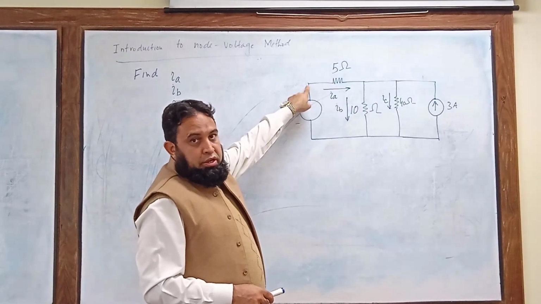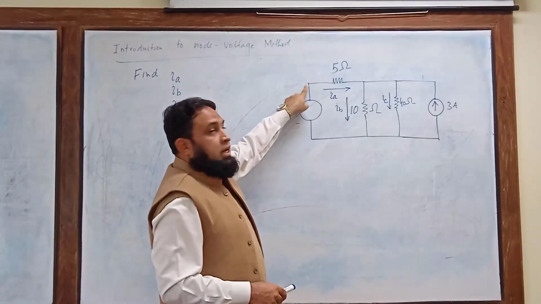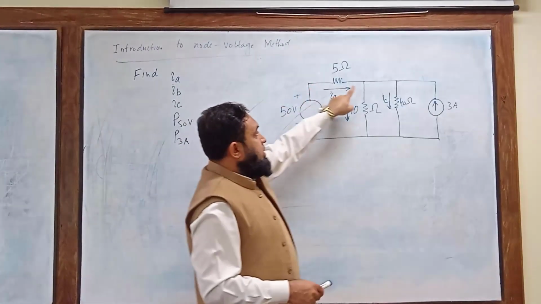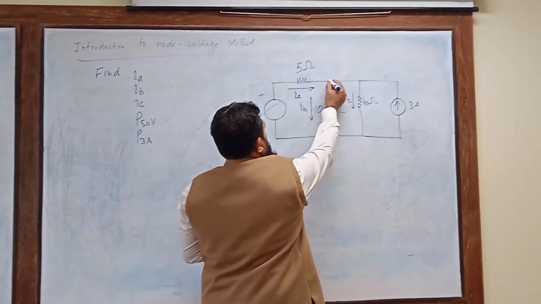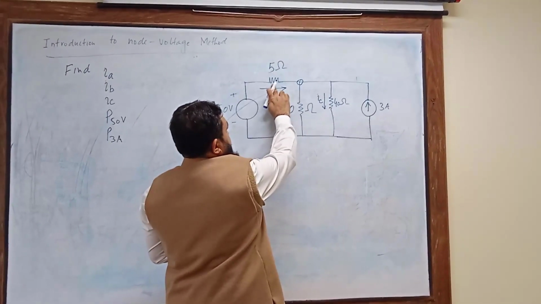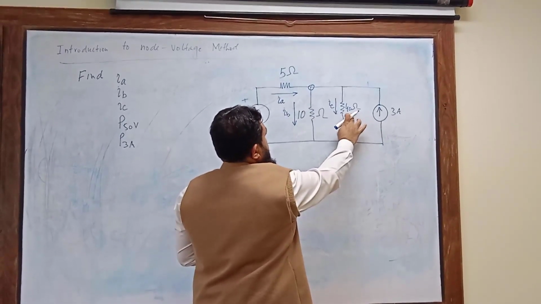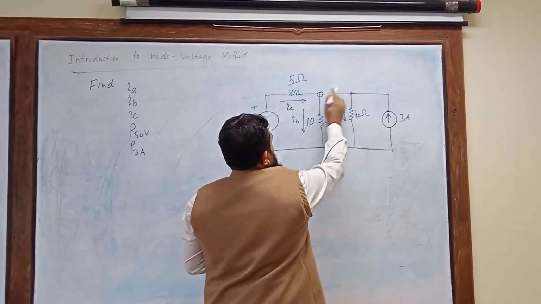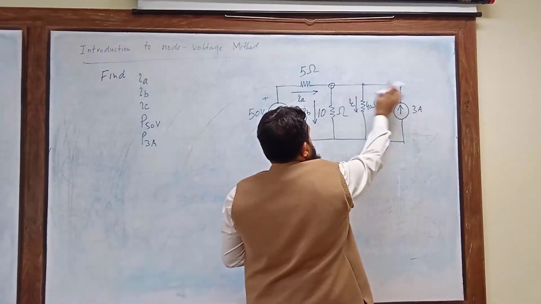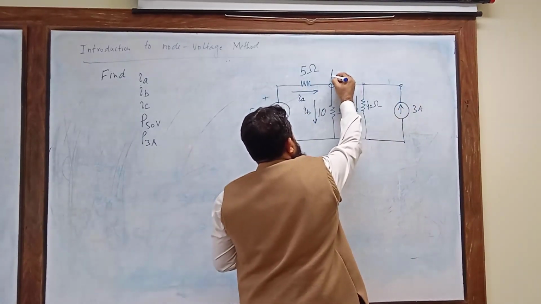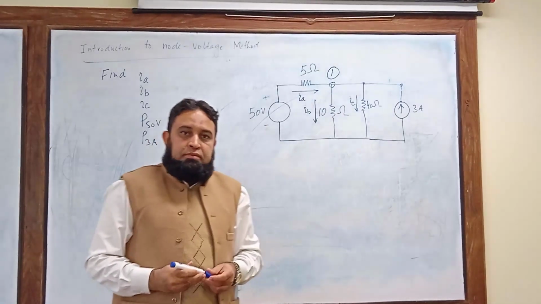The answer is no, because only 2 circuit elements are connected. What about this node? Yes, this is an essential node because the 5 ohm resistance is connected, the 10 ohm resistance is connected, and the 40 ohm resistance is connected, because these 2 points are exactly the same. And similarly, this point is also the same. So we can mark this essential node as node number 1.